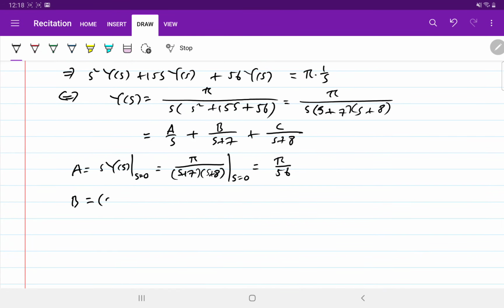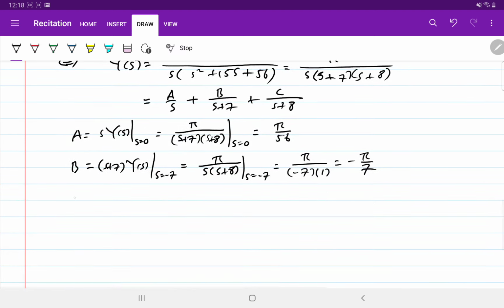For b, we have s plus 7 times y of s, substitute s with the root, which is negative 7, and we have pi over s times (s plus 8). Substituting s with minus 7, we have pi over minus 7 times minus 7 plus 8, which is 1, so minus pi over 7.